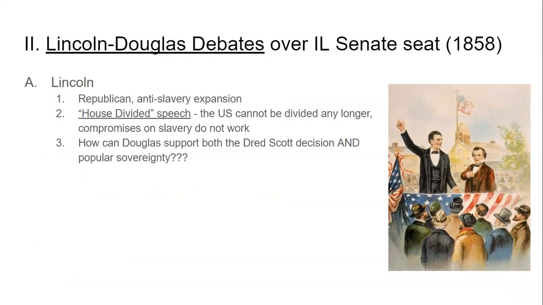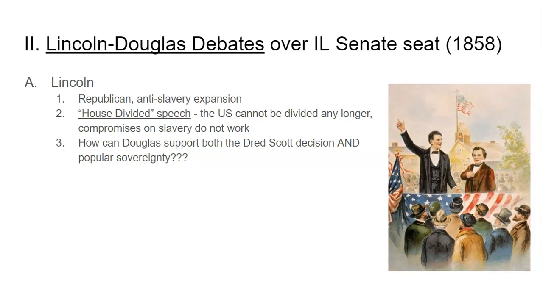So at this same time that this decision is coming out and the North and the South are reacting to it, we see that there's this election in Illinois over a Senate seat. And I know this is just a small election that's happening, but it catches the eye of the national attention because of who the candidates are. Abraham Lincoln and Stephen Douglas are going to be two candidates that are eventually going to both run for president a few years later.